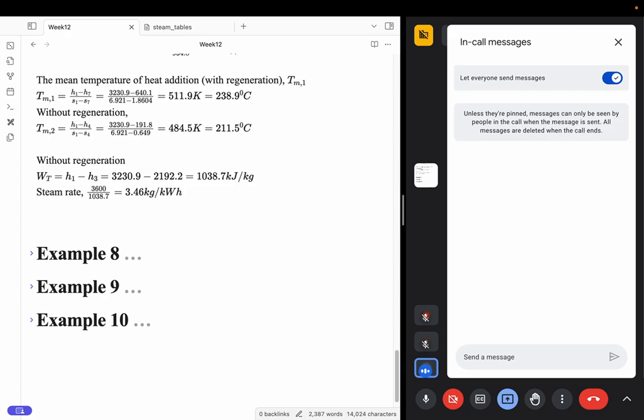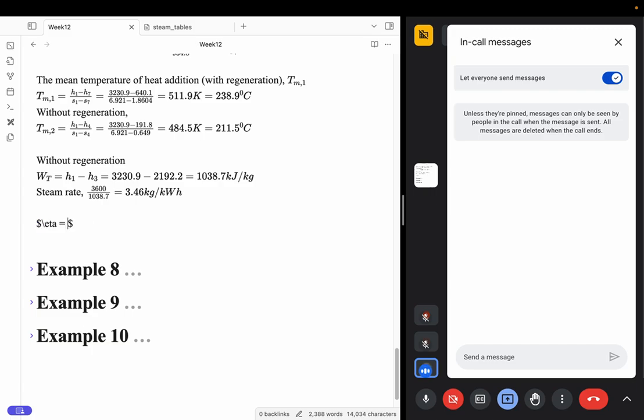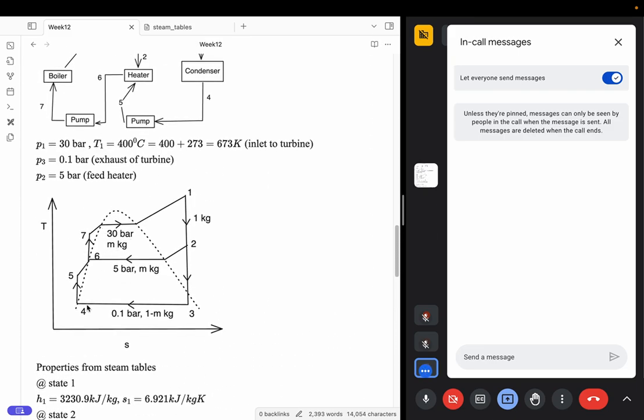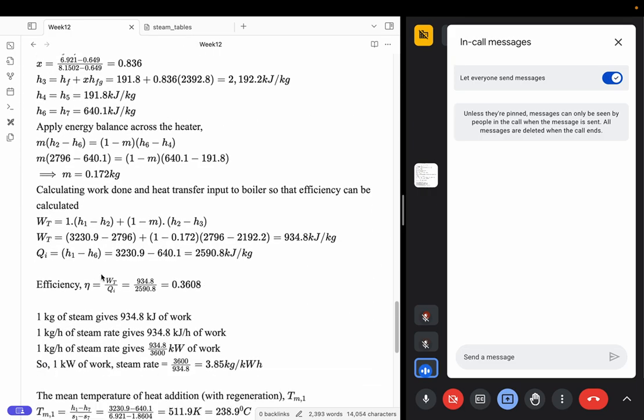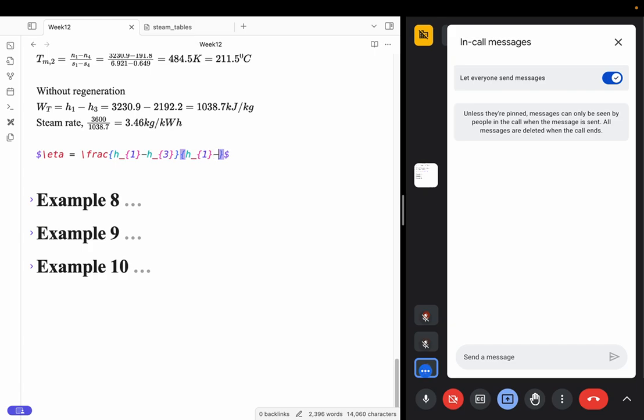Now the efficiency case. How do you calculate efficiency? It is the net work done, or I'll write it in terms of enthalpy. The work done is H1 minus H3, divided by the heat addition. Heat addition, if there was no regeneration, state 4 would be where your heat is getting added, after neglecting the pump work. So it will be H1 minus H4.